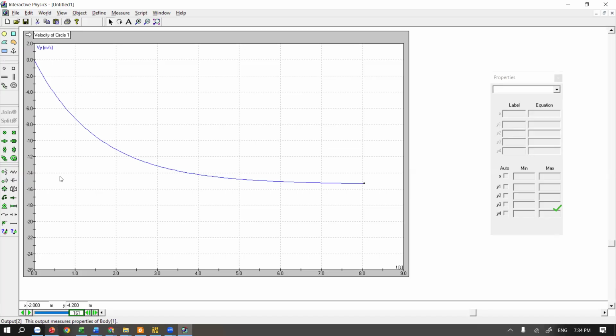Because in this motion the object falls down, the velocity is negative. It starts from 0, and then the speed increases and reaches the terminal speed vt. For how long? You see, 1, 2, 3, 8 seconds. So after 8 seconds, our object gets the terminal speed.